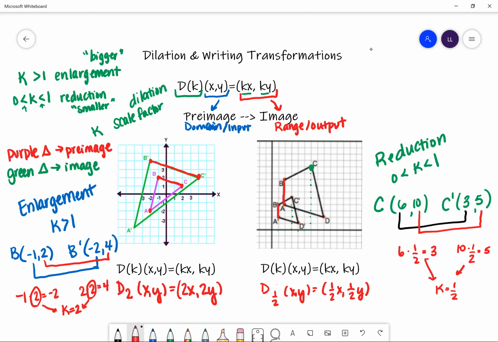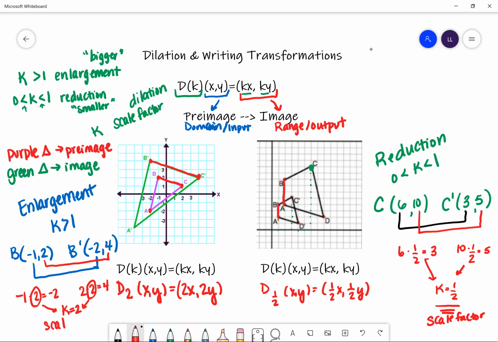So 4 to 2, half of 4 is 2. Yeah, half of 4 is 2. So K is 1/2. That's our scale factor. And that's how we do dilation.